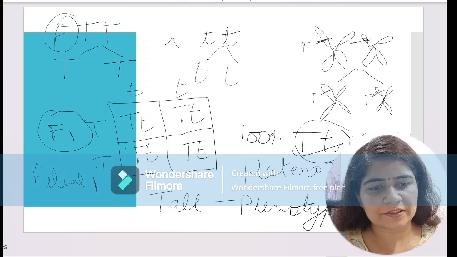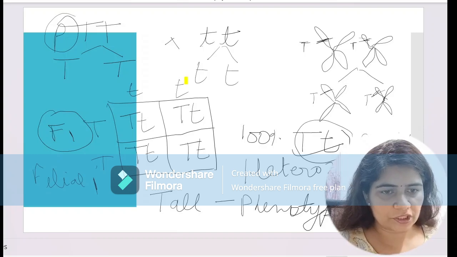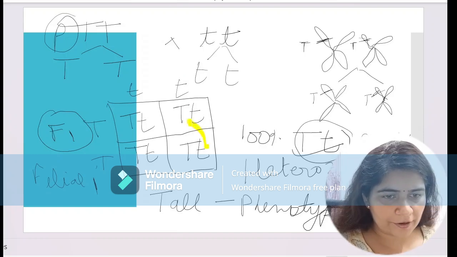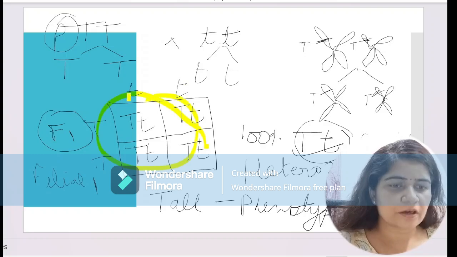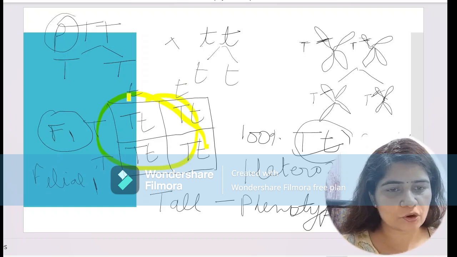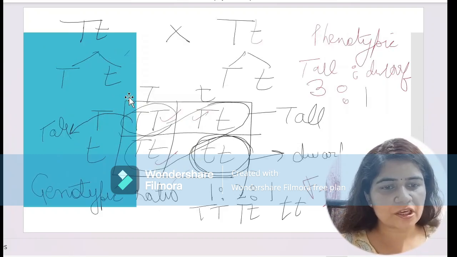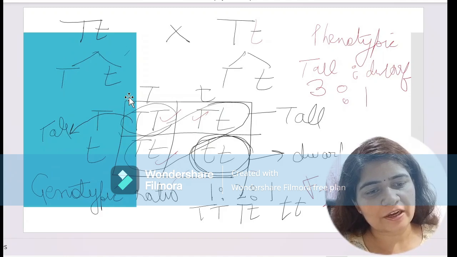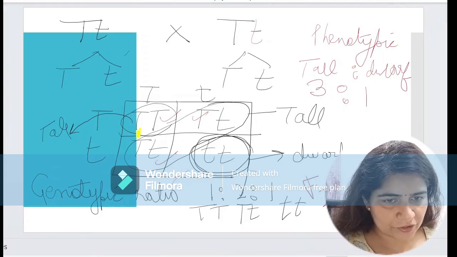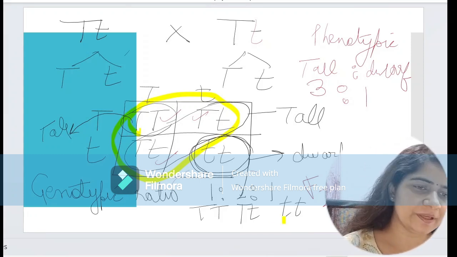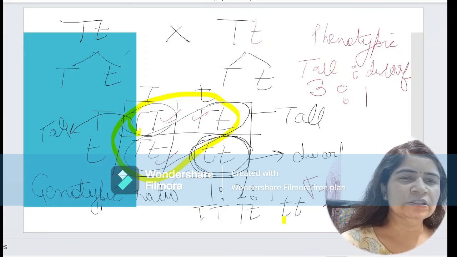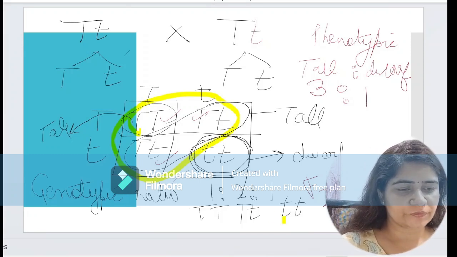Alright, so we have seen two laws here as of now. One is the law of dominance, which states that the capital gene or the dominant gene will express itself over the other one. And then is the law of segregation. The law of segregation states that the capital T and small t will get separated.